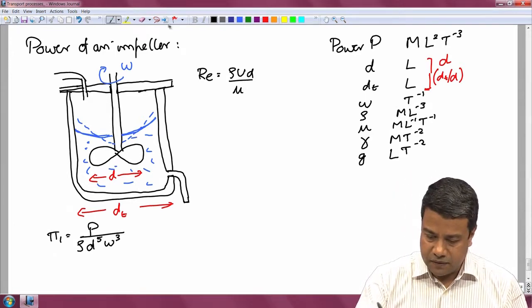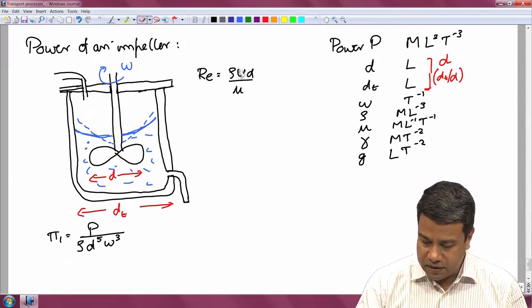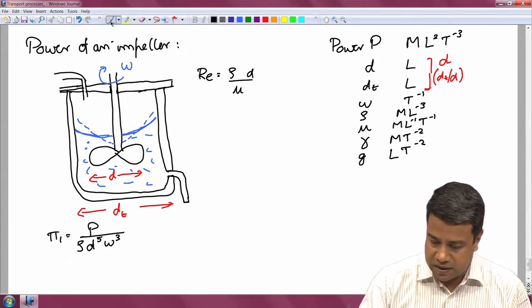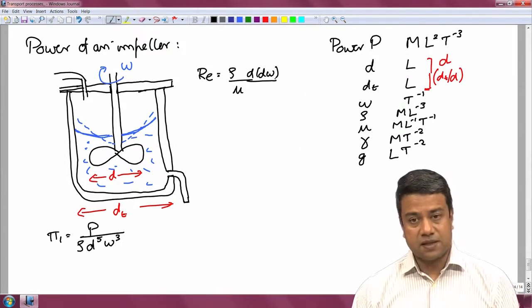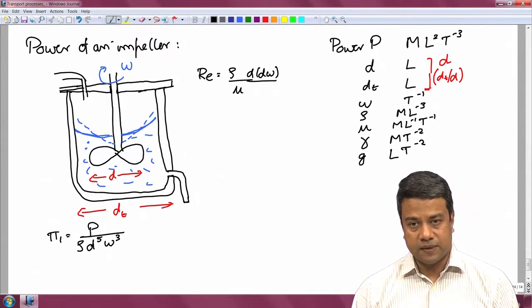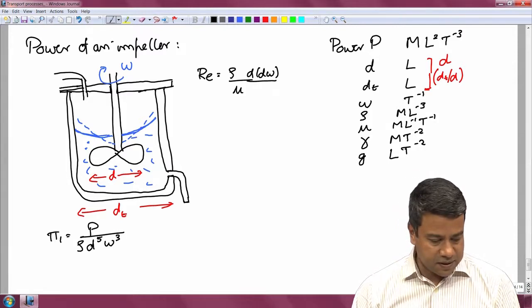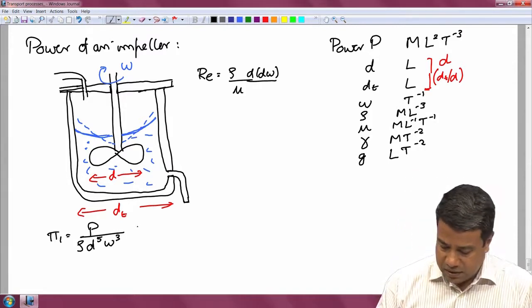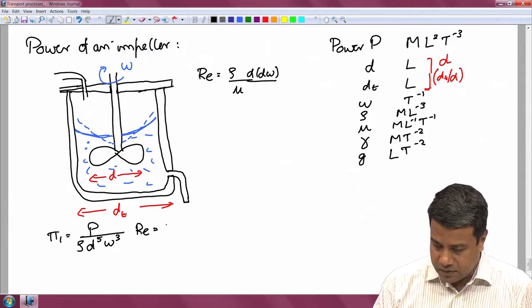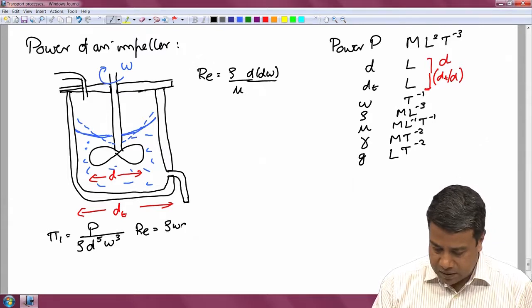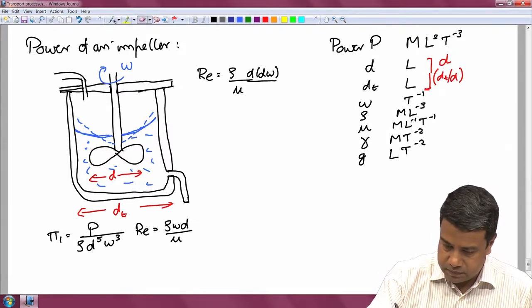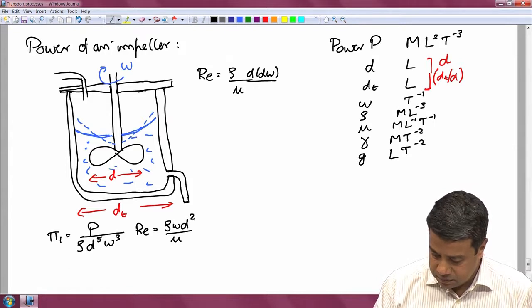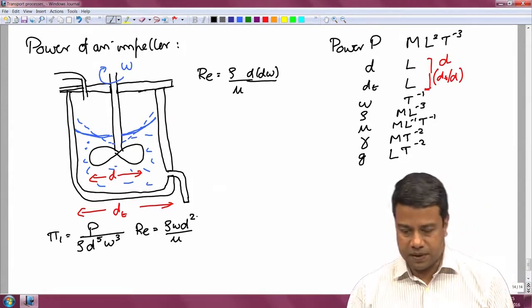Therefore, I can substitute for the linear velocity a diameter times the angular velocity, which has the same dimension as the linear velocity. So, you would expect the Reynolds number to come out equal to rho omega d square by mu. So, that is one dimensionless parameter.